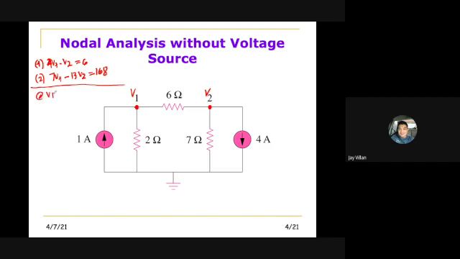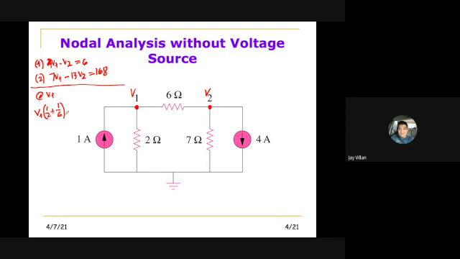At V1. So, when you do a shortcut, first, you write V1. Okay? And multiply V1 to the sum of the inverses of the resistances adjacent to it. So, the adjacent resistances are 6 and 2. So, the inverse of 2 is 1/2 plus the inverse of 6, which is 1/6.